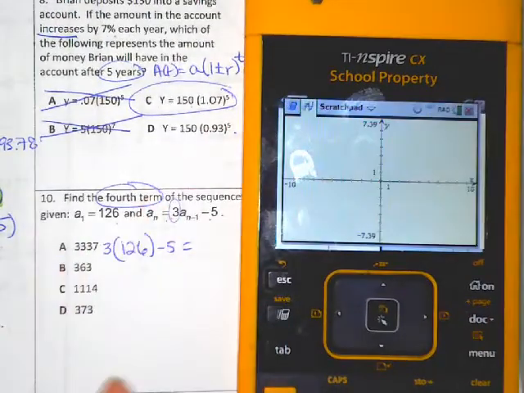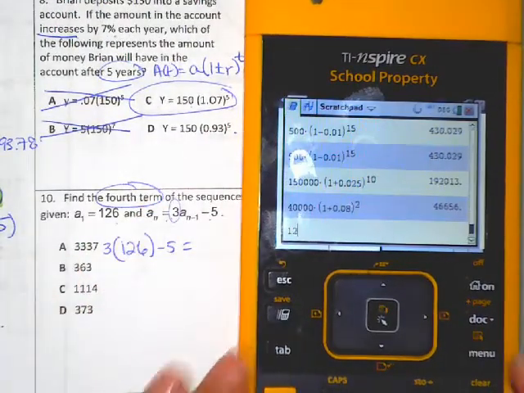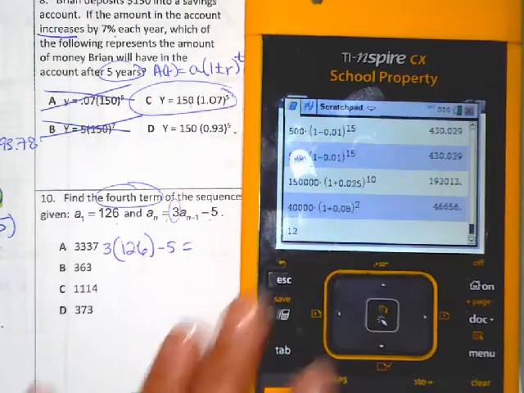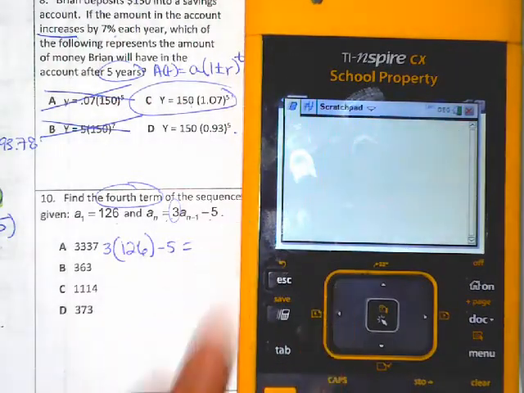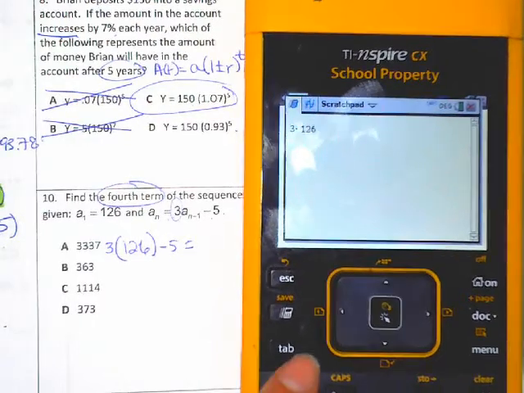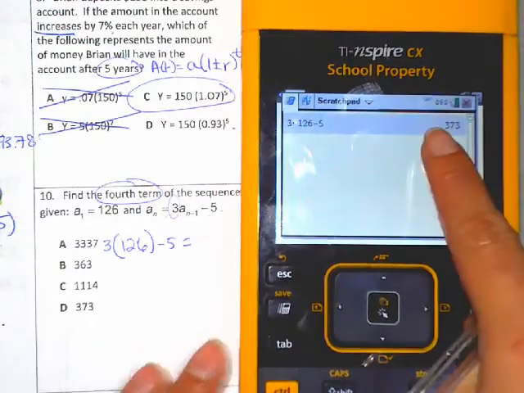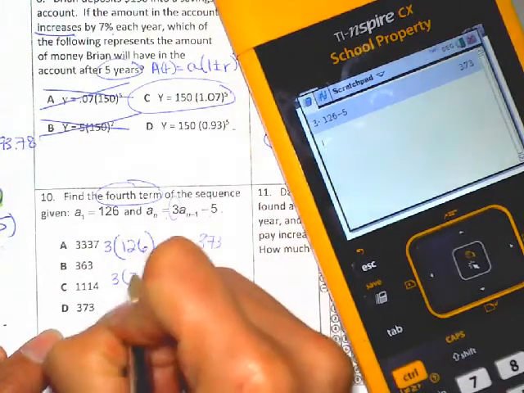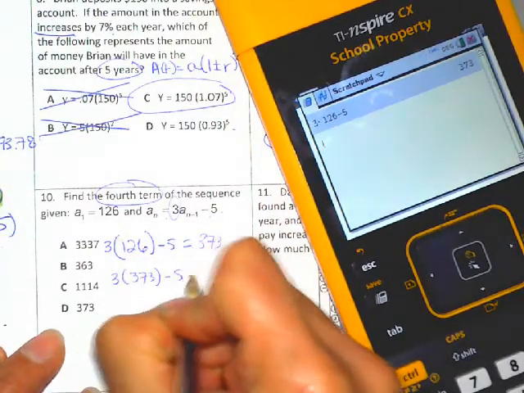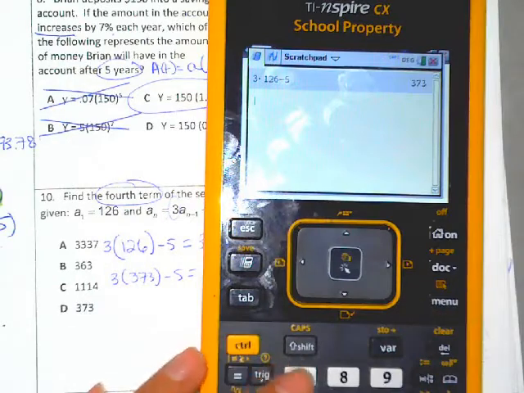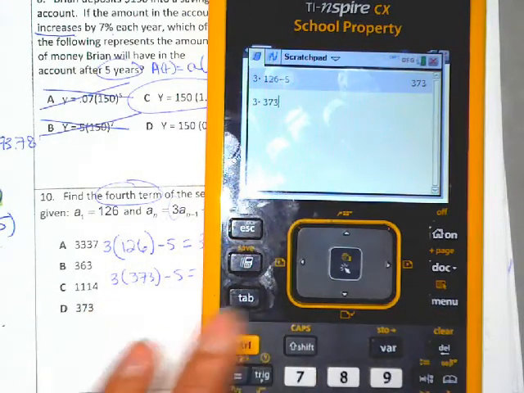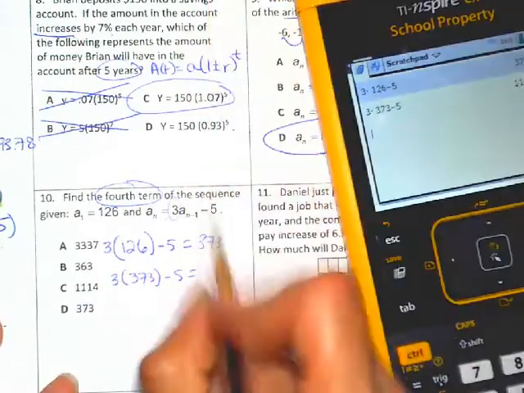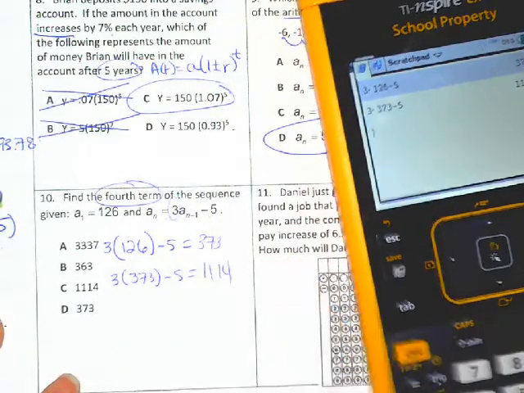So calculator page, 126. Let me clear that. 3 times 126 minus 5. So my next number is 373. Then do it again. 3 times 373 minus 5. 1,114.